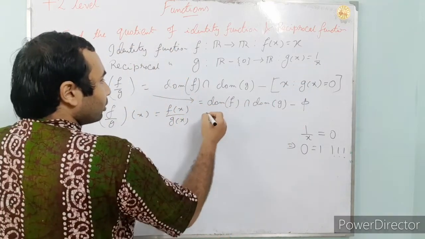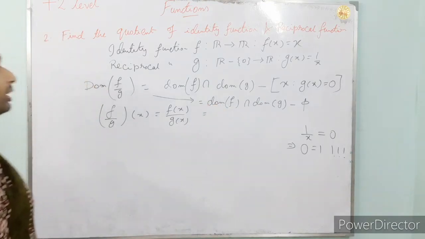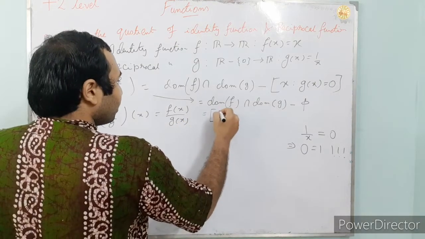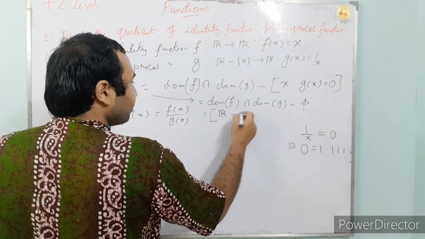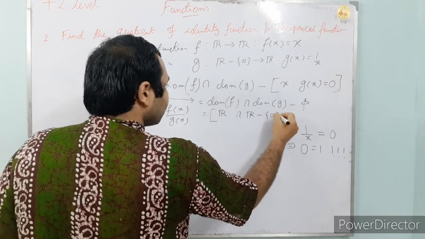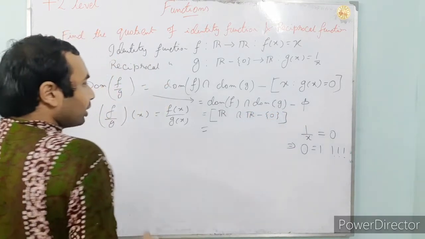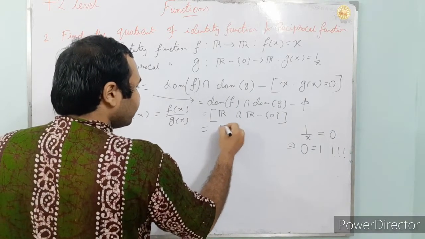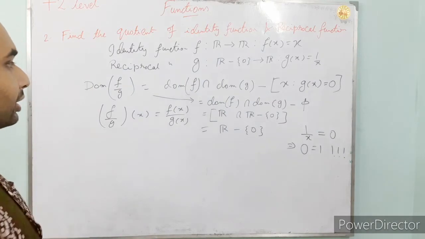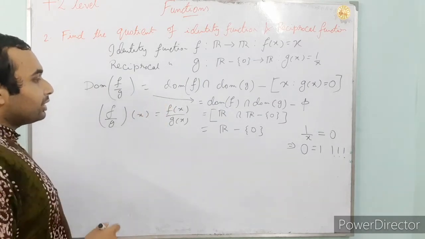So originally, what is coming now? The domain of f intersection the domain of g will be the real number set intersection the real number set minus singleton 0. So it comes as the real number set minus singleton 0. This is the domain of f by g(x).